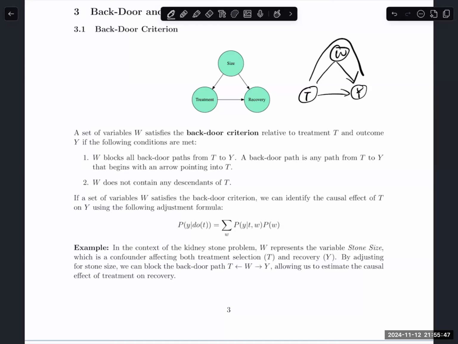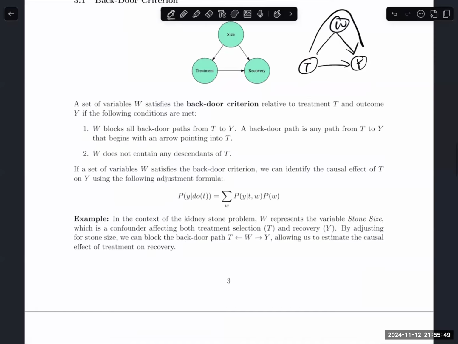And the adjustment formula is given here. In this formula, P(W) represents the probability distribution of the confounding variables, which affect both the treatment and the outcome. We then calculate this probability, which is the conditional probability of the outcome given the treatment and the value of the confounder.